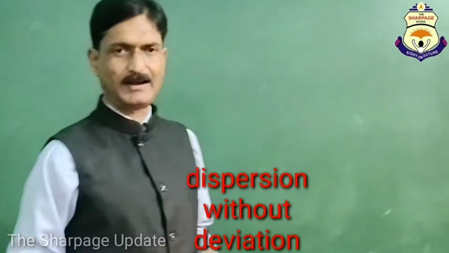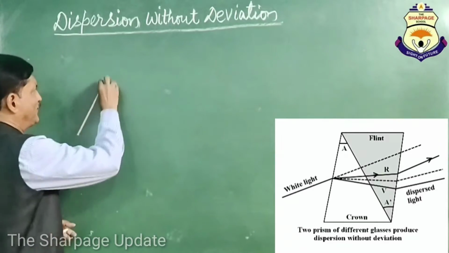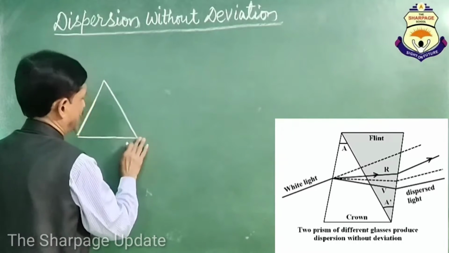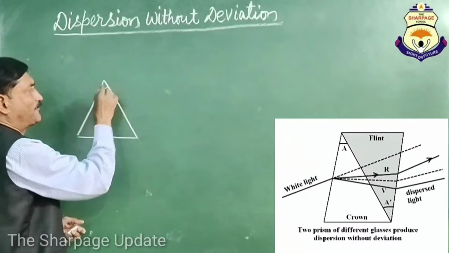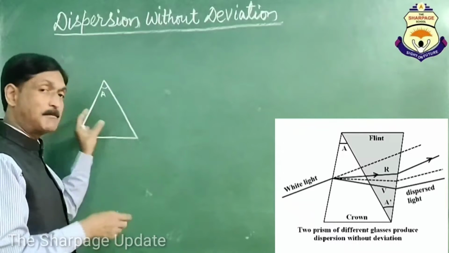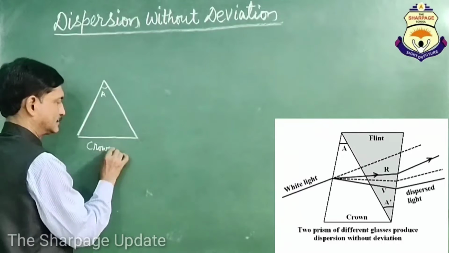So I am going to draw a figure here, friends. If we take two prisms, the angle of prism of the first prism is represented by A, and the material of this prism is crown glass.